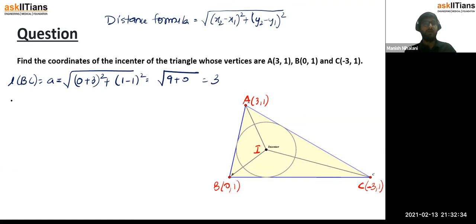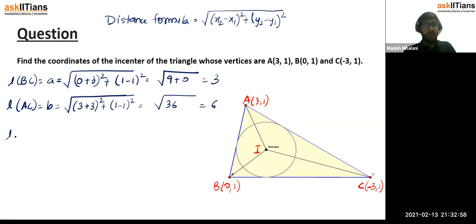Similarly, we can find the length of AC. Length of AC is b. How will you find it? A and C would be 3 plus 3 whole square plus 1 minus 1 whole square. So again, this will give you root of 36, which is just 6.